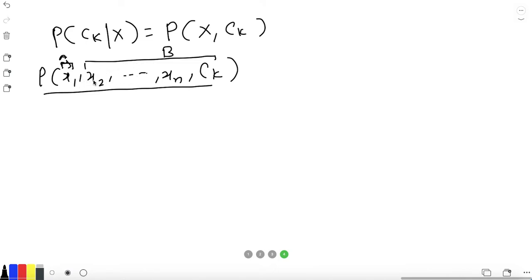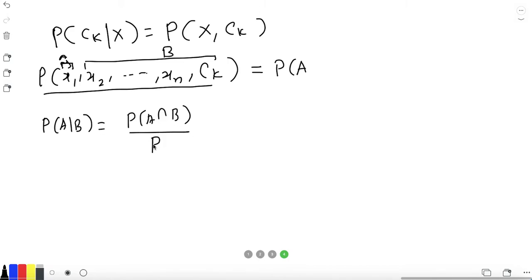The conditional probability formula says probability of A given B is equal to probability of A intersection B divided by probability of B.